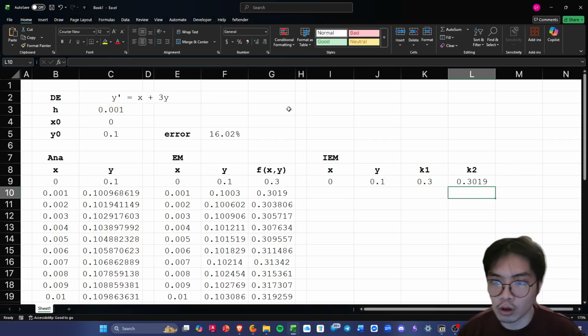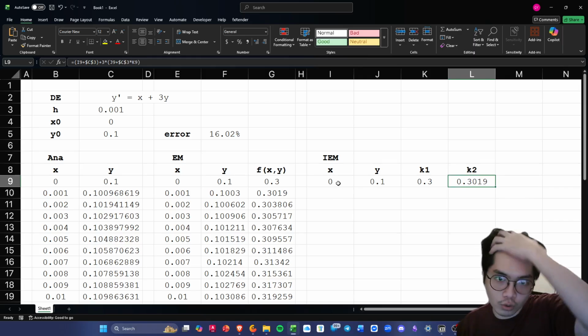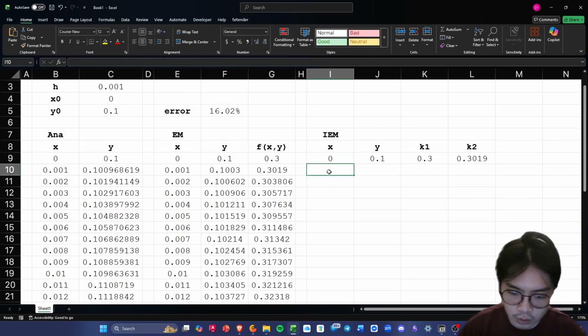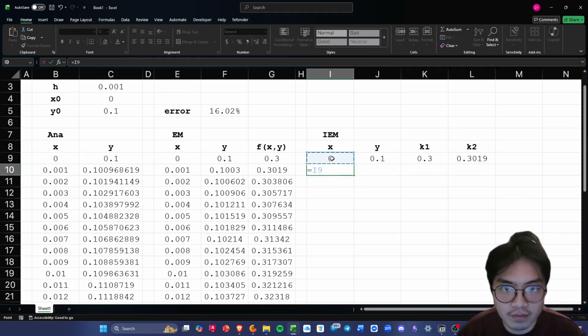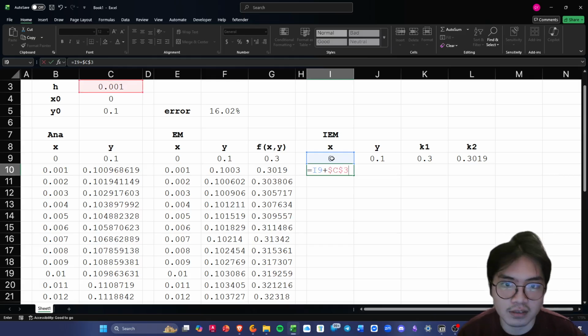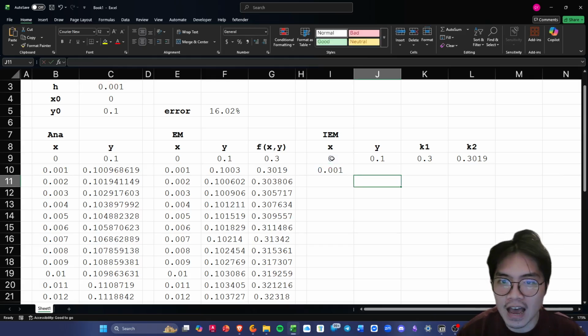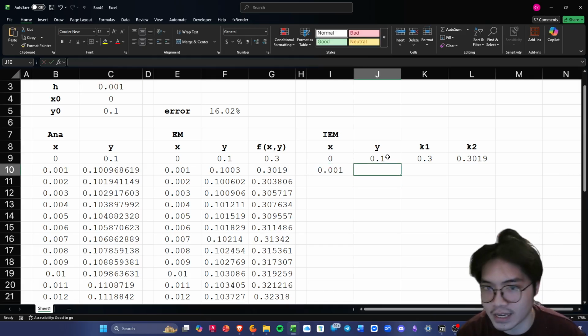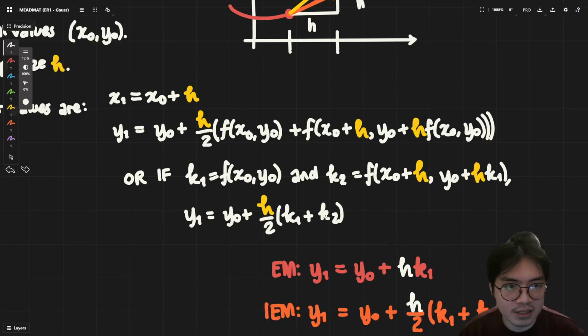And once it's all over, you will improve this step by, what is that, C3, right? And then your y value will be y0 plus h over 2 times k1 and k2.